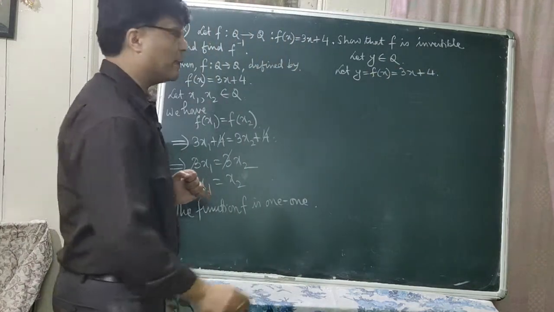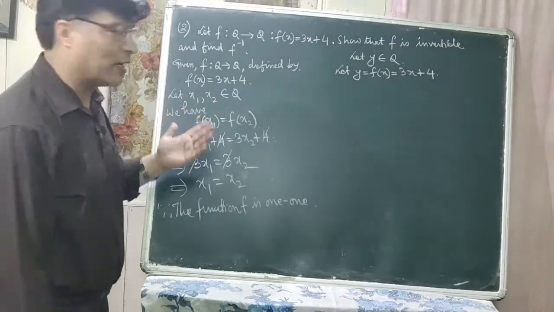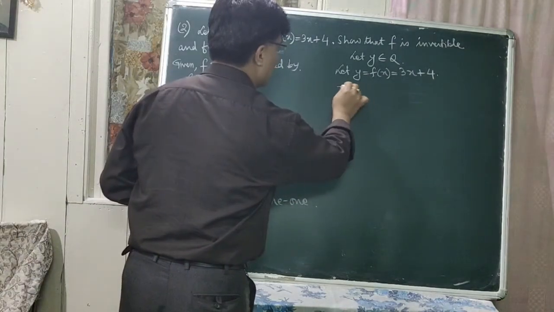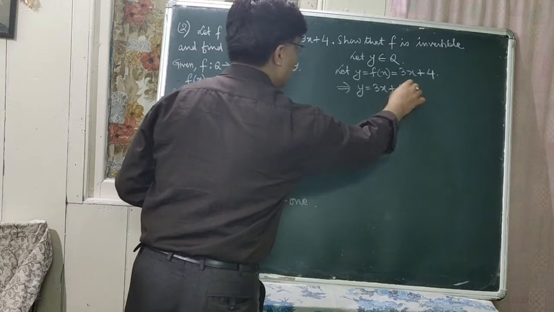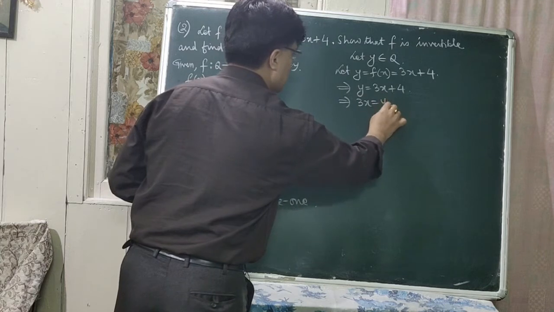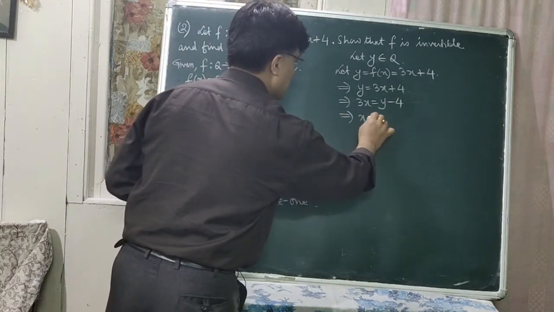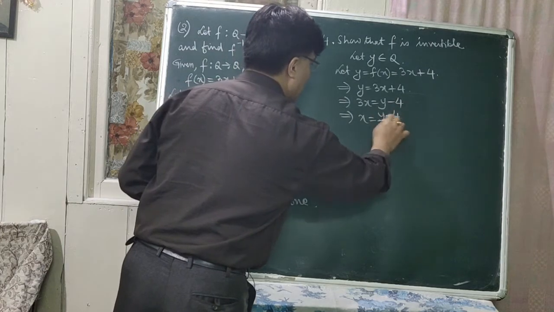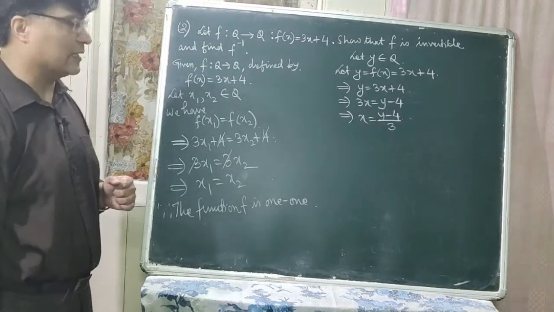So now let us express x in terms of y. So which implies that y is equal to 3x plus 4, right? Which implies that 3x is equal to y minus 4, which implies that x is equal to y minus 4 by 3. So we have got the value for x.